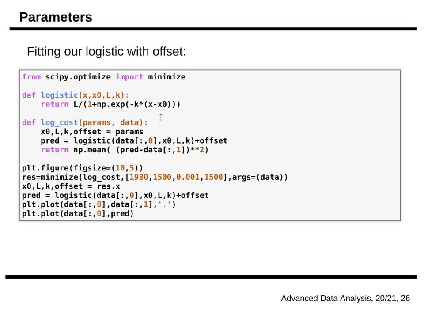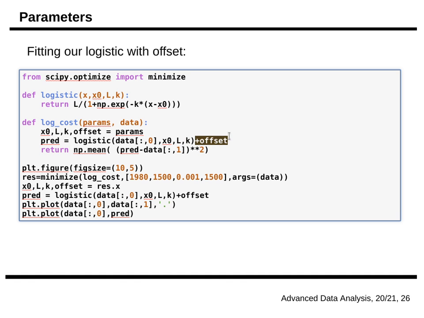And then for the cost function, we receive the set of 4 parameters. We can unpack that into these variables so we don't make mistakes by indexing the tuple there. And the prediction will be the result of the logistic function using the x values on our data and these 3 parameters, x0, L, k.